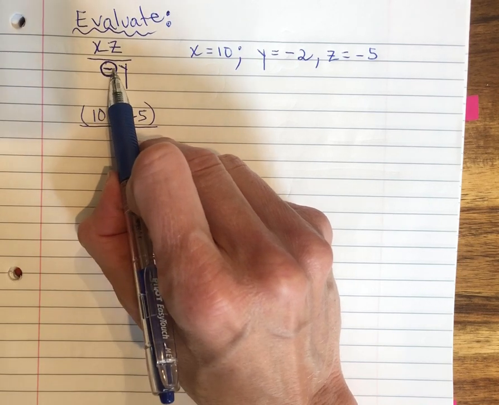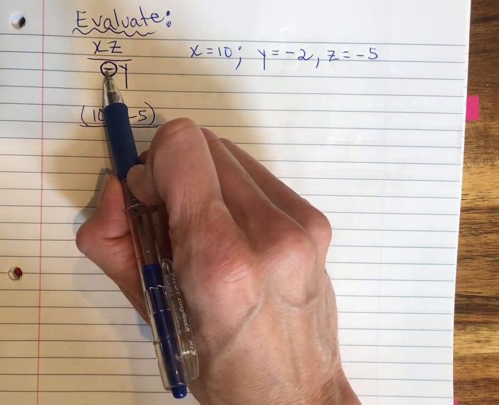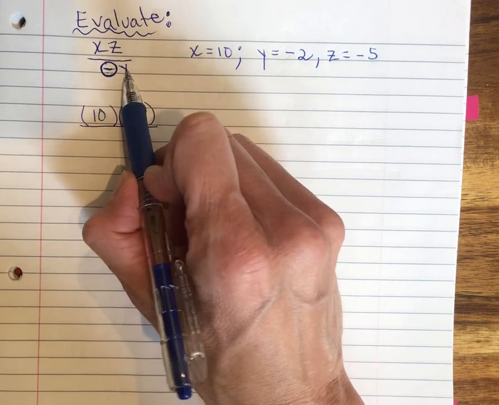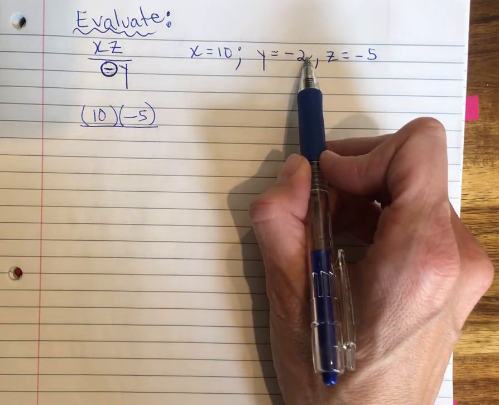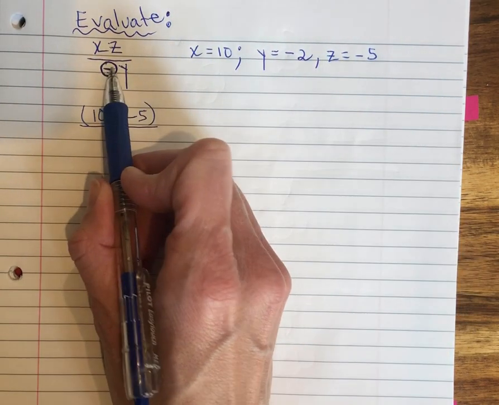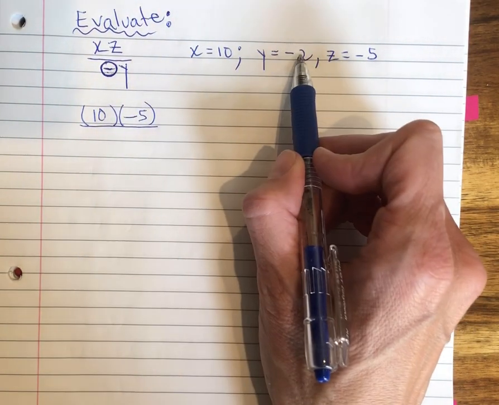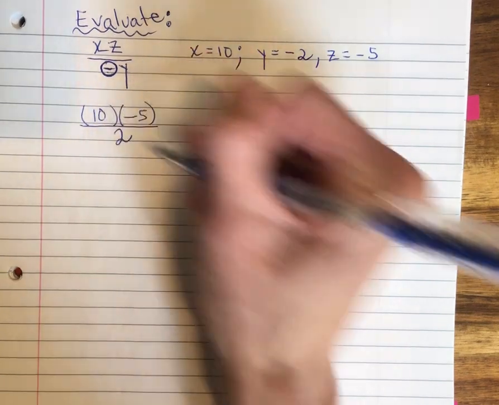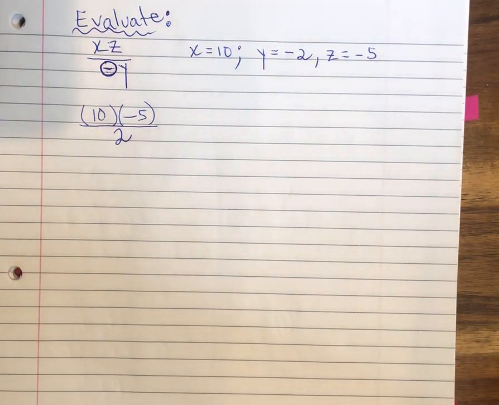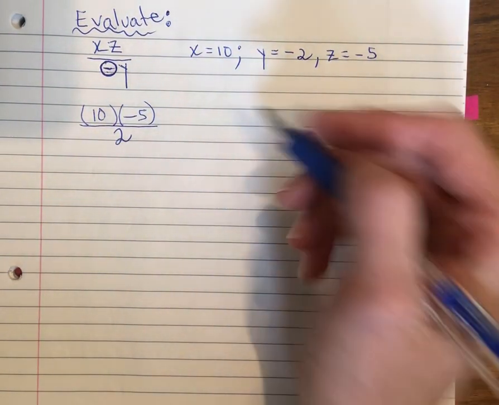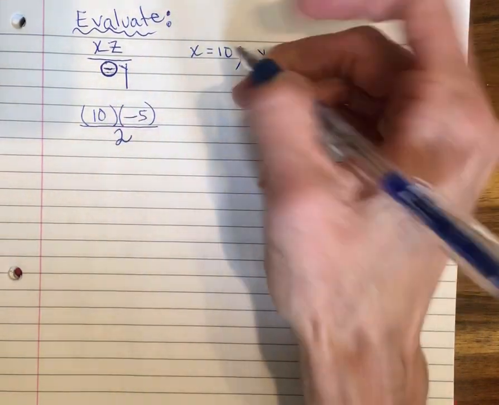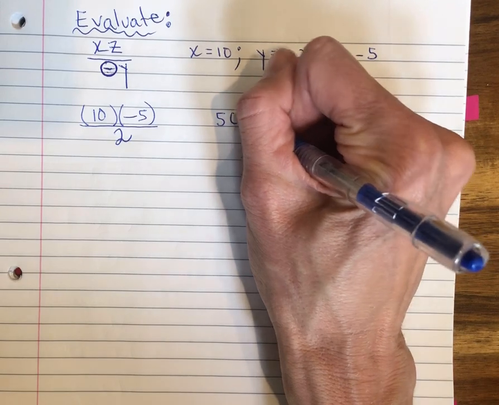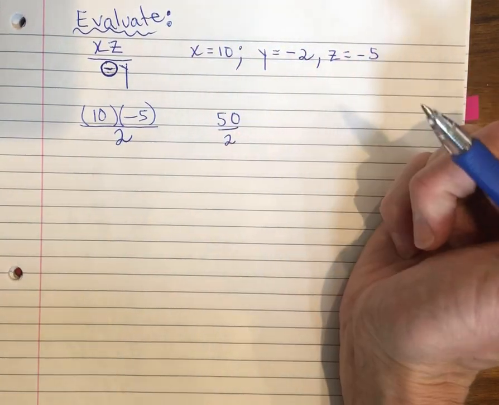So that's telling us it wants the opposite of y. Well, right now, y is a negative 2. So the opposite of that negative 2 is a positive 2. From here, we can start to evaluate. Remember, we solved the entire numerator first. 10 times 5 is 50 over 2. But did I forget something?